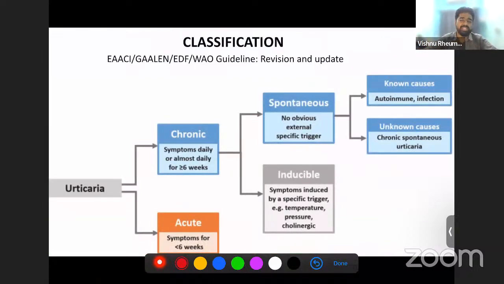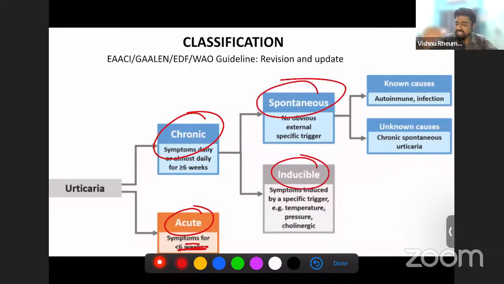So this is a basic classification of your urticaria, acute versus chronic. Acute is up to 6 weeks, more than that is chronic. And also, depending on the etiology, it is divided into inducible and spontaneous. Inducible is something that we've been reading through our MBBS.